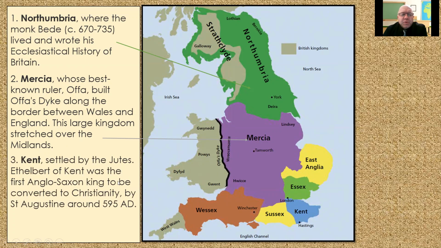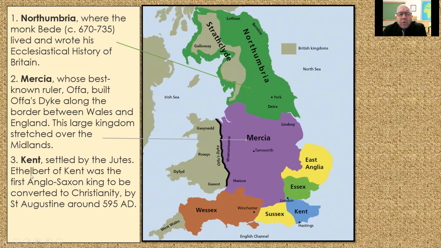Kent, this was settled by the Jutes, if you remember. Well, Ethelbert of Kent was the first Anglo-Saxon king to be converted to Christianity by St. Augustine in around 595 AD. Now, again, we're going to come back to the religion side of things, but we will certainly be mentioning this man, St. Augustine.